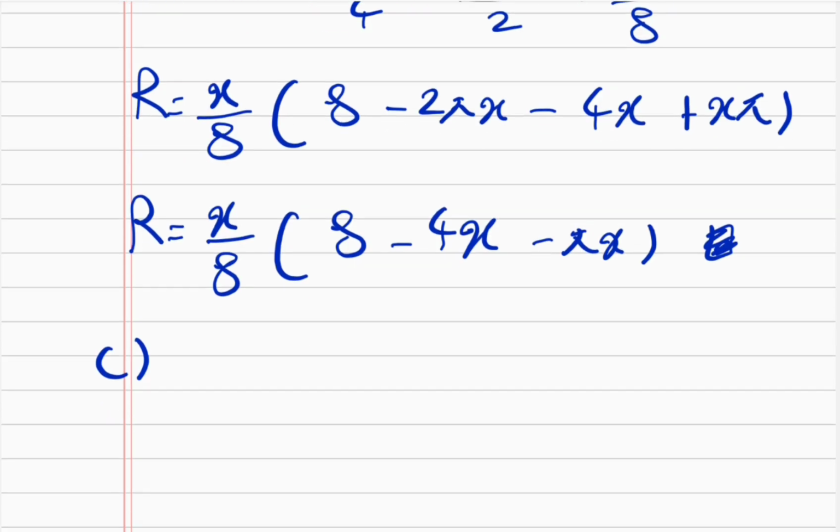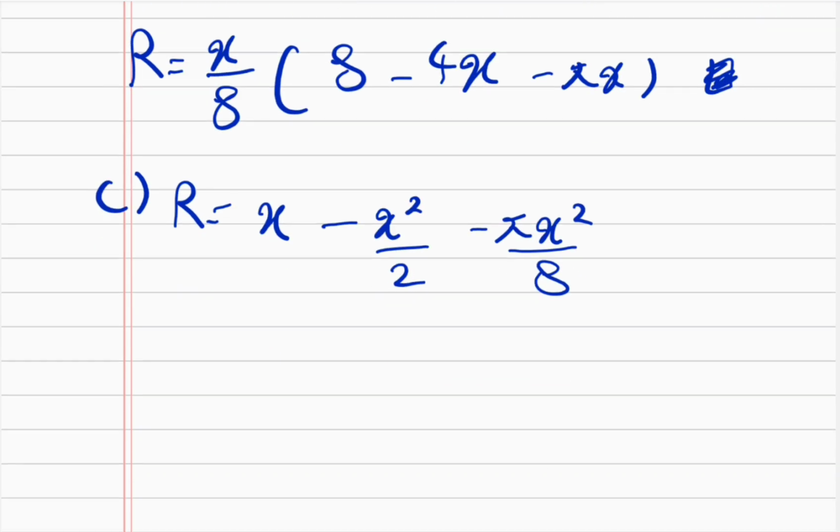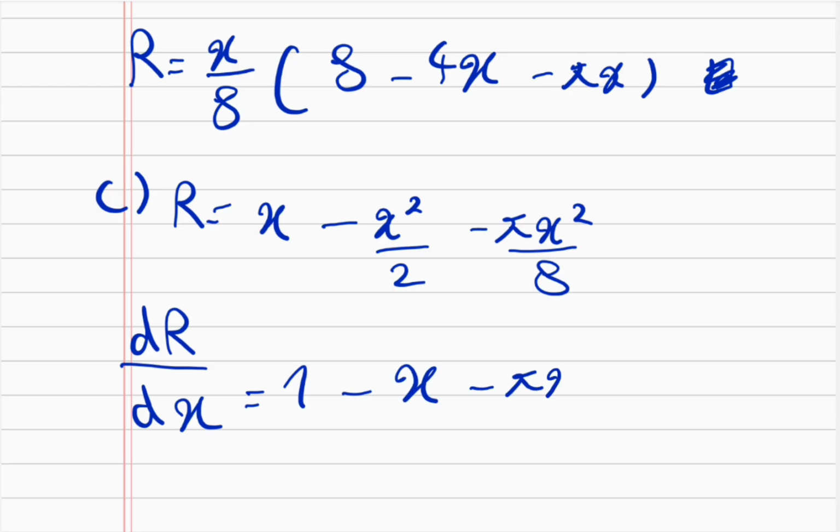In this case, it's better to expand the bracket, because we are going to need that for differentiation. So we first get x minus x squared over 2, and then minus pi x squared over 8. Let's differentiate with respect to x. dr by dx is equal to 1 minus x, then minus pi x over 4.